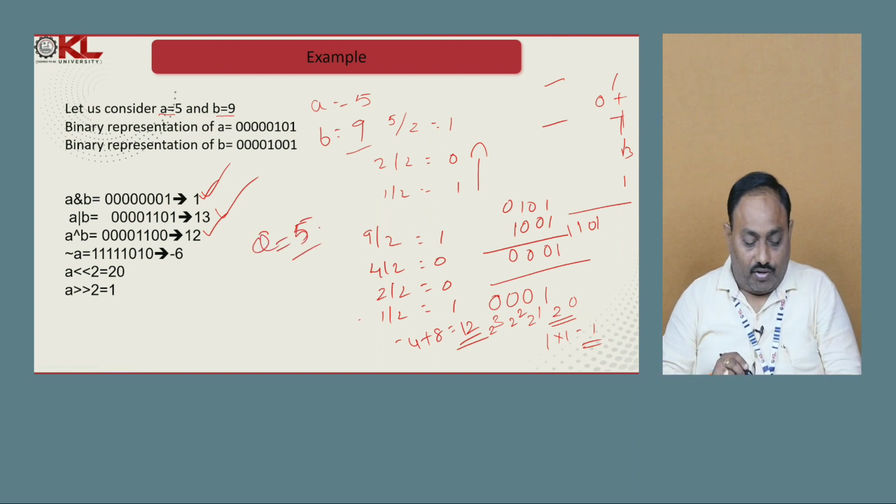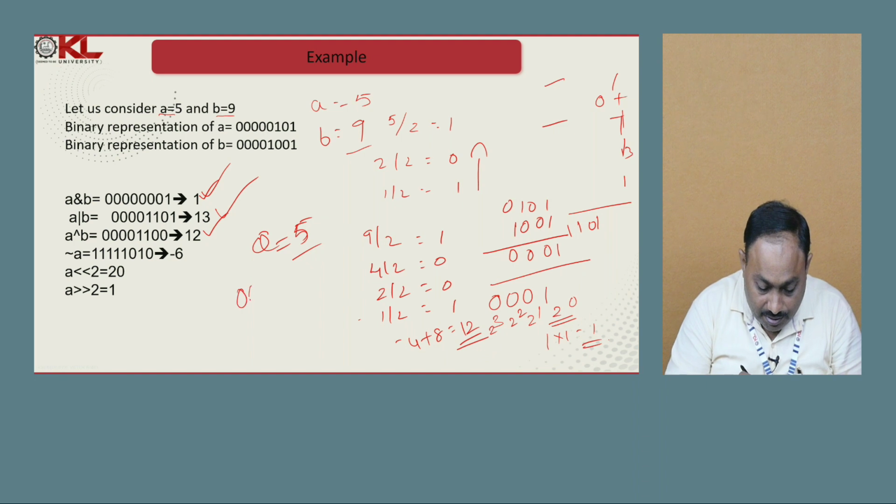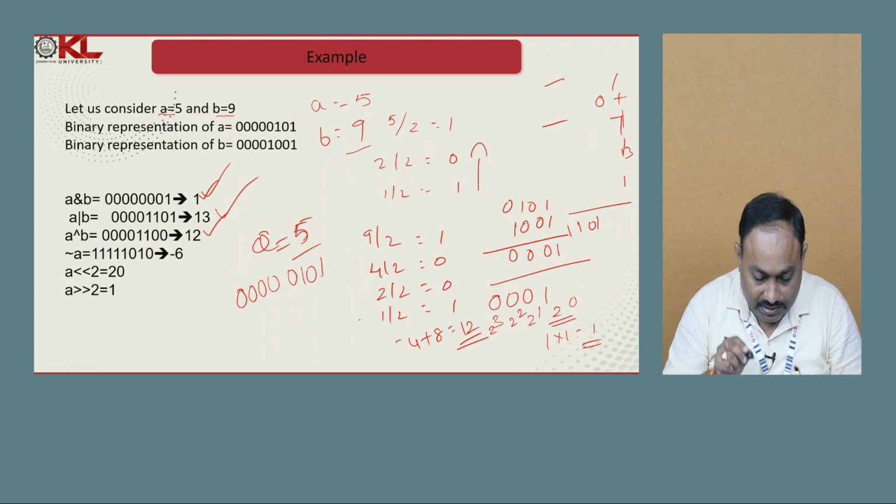Now for my convenience, I want to represent the number in 8 bits, so the number becomes 0 0 0 0 0 1 0 1, like that.